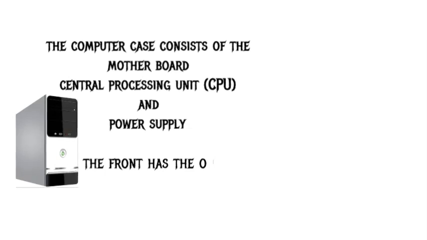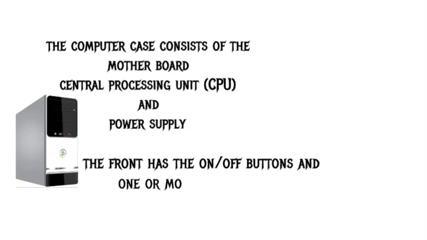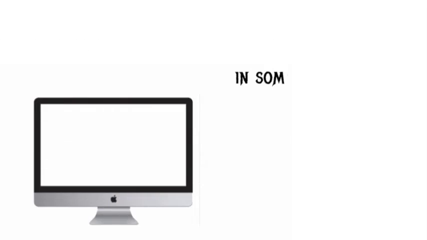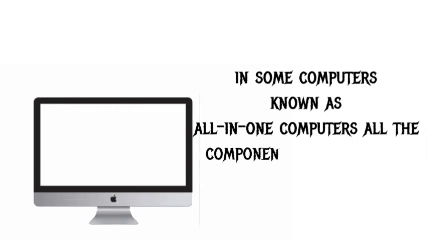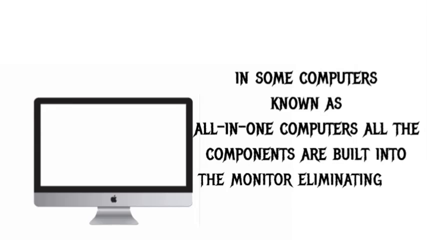The front has the on and off buttons and one or more optical drives. In some computers, known as all-in-one computers, all the components are built into the monitor, eliminating the separate case.